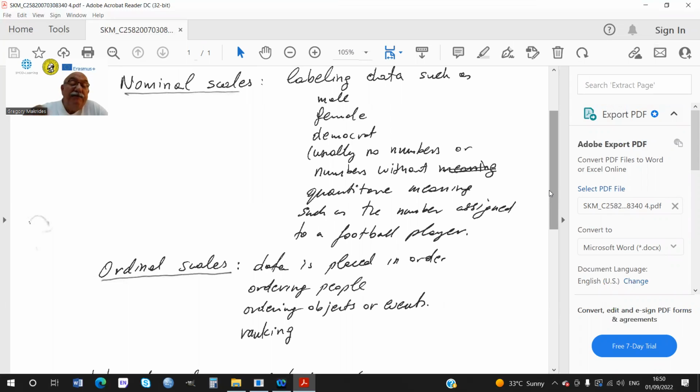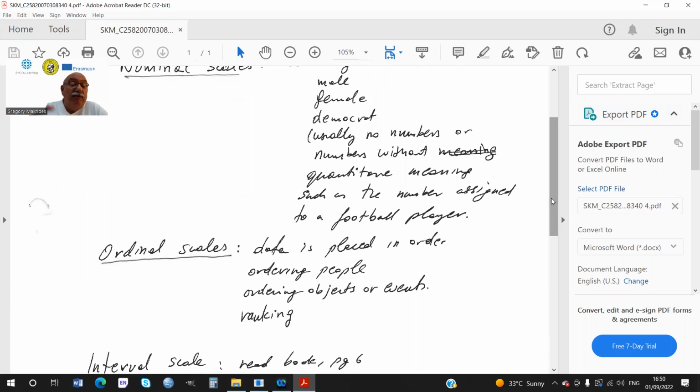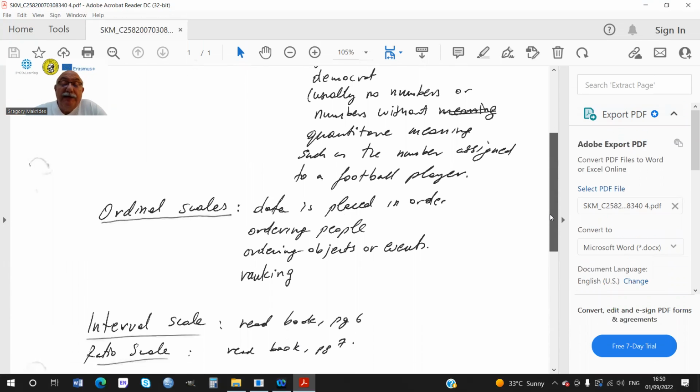Whether you have male, female, or female, male, or yellow, blue, brown, or brown, blue, yellow, it doesn't matter. However, when data is placed in order, like the height of people or the weight of people, that can make sense because you go from higher to lower or from heavier to lighter.